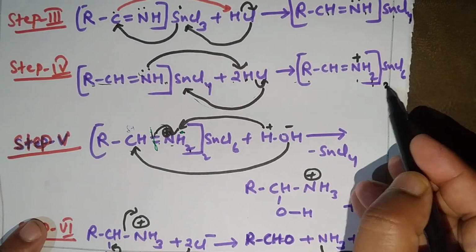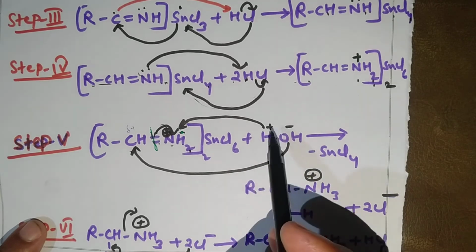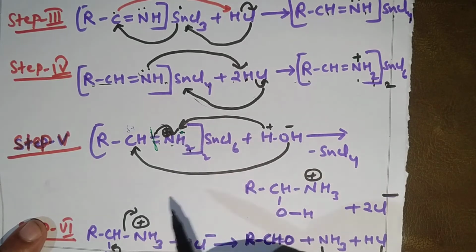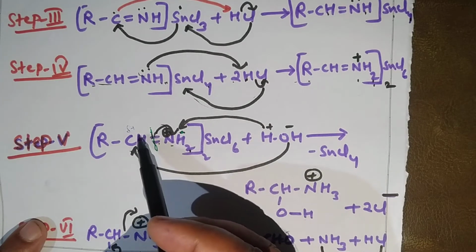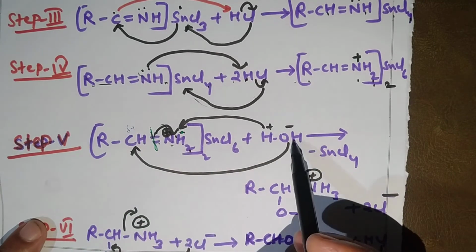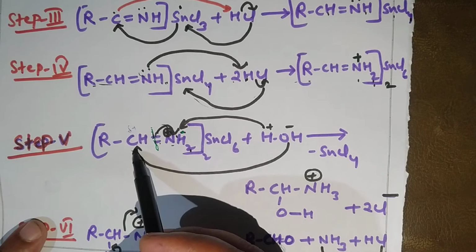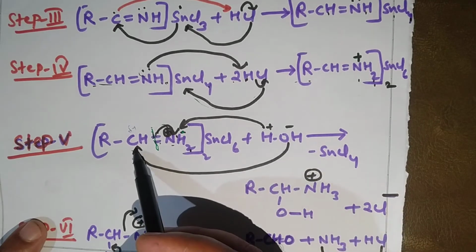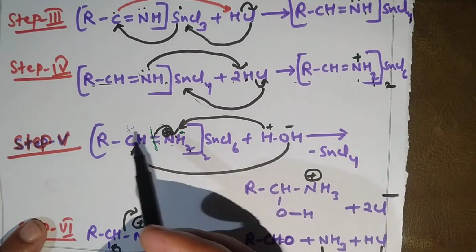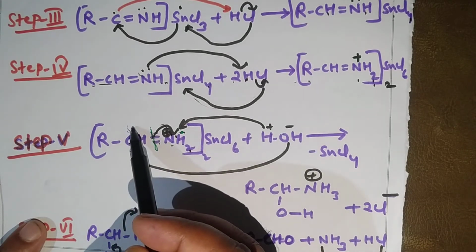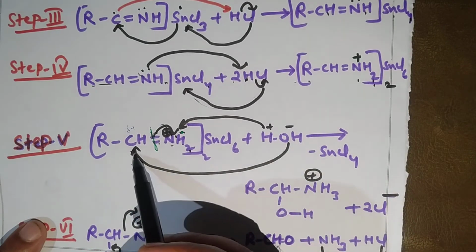Now after that, this H plus will attach with the nitrogen molecule, and if this bonded electron shifts here, then a partial positive charge develops here, so OH can easily attach with this carbon atom. Repeating once more, this OH will attach with this carbon atom, since if these electrons shift here, then a delta positive charge will develop here, and OH can easily attach here.